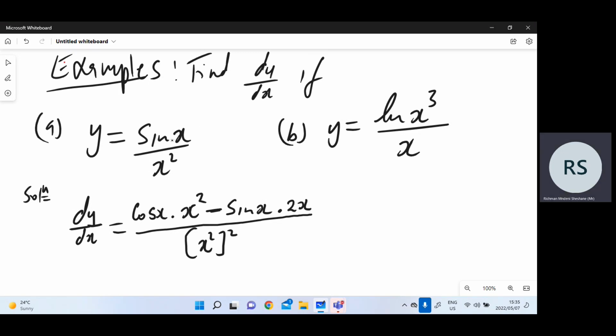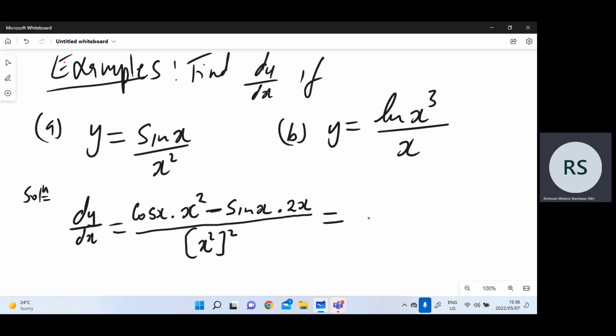The quotient rule: a derivative of the numerator while we leave the denominator function, minus the numerator function multiplied by the derivative of the denominator function, and then all over the denominator function squared. Okay, and then you can write the final answer.